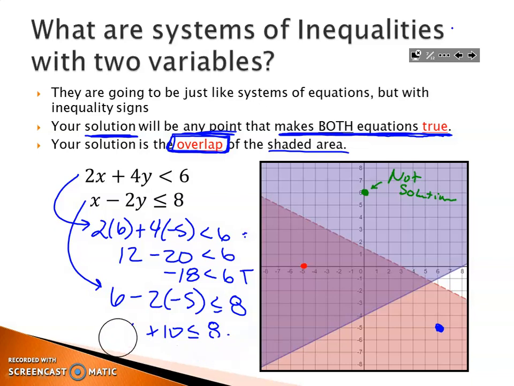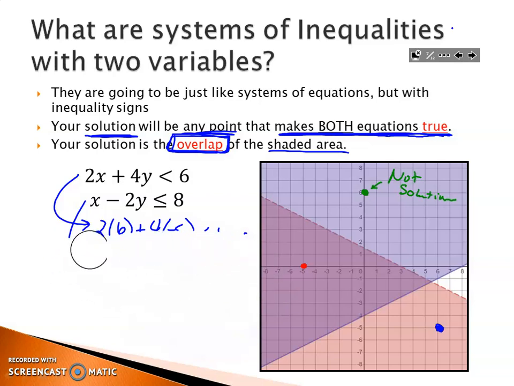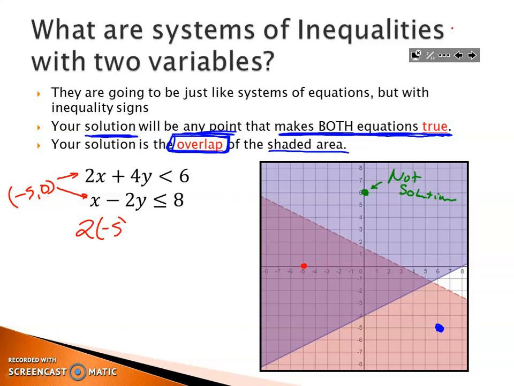It has to be true for both of them. Now, what is a solution? Well, we said our red point there was a solution. So the point negative 5, 0, that is a solution. What that means is that it'll be true for this one, and it'll be true for this one here. So 2 times negative 5 plus 4 times 0 has to be less than 6. The zeros are basically gone, so negative 10 less than 6.